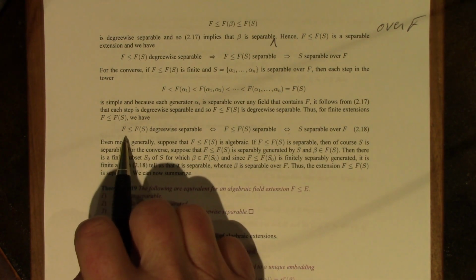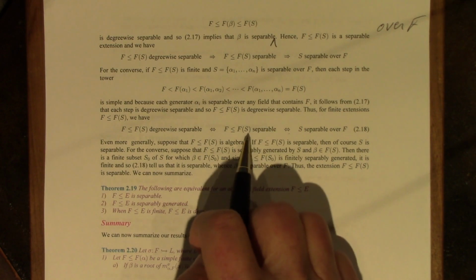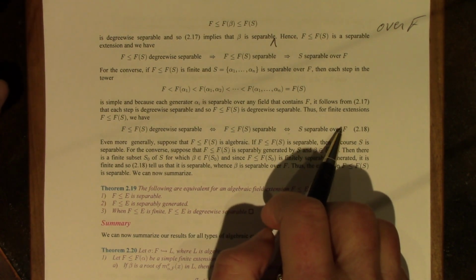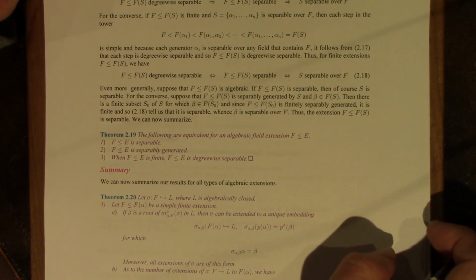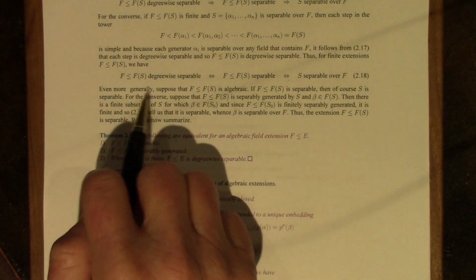For a finite extension, F(S) is degree-wise separable if and only if it's separable, if and only if it's separably generated.